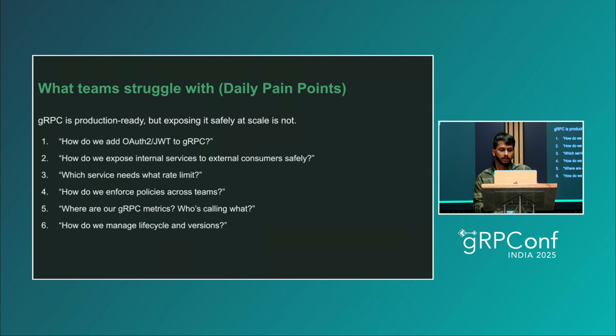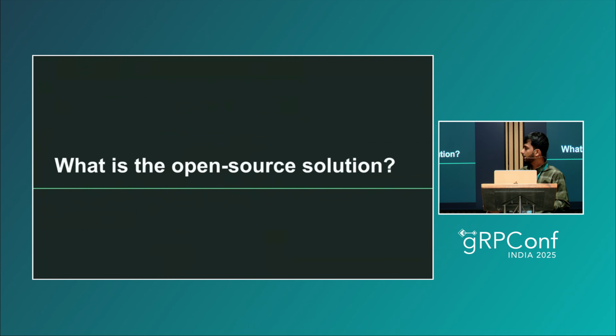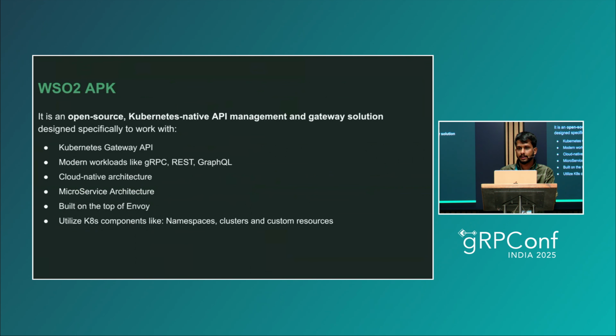So, is there any open source solution available in the market? Yes, there is one, which is APK. APK stands for API Platform for Kubernetes. It is natively designed for the Kubernetes environment, and it's a completely open source tool which adheres to microservices architecture, built on top of Envoy Gateway, and utilizes Java as a primary language.